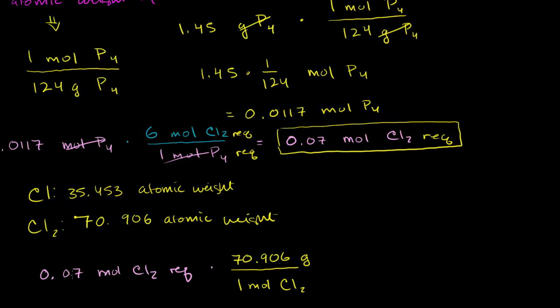We have 0.07 moles. So we'll multiply 0.07 times 70.906 to figure out how many grams we have. And the units cancel out. We have moles of chlorine gas, moles of chlorine gas, and we're just going to have grams required.